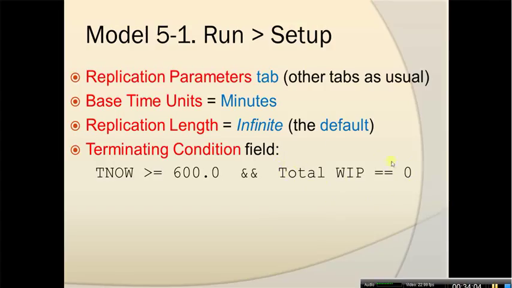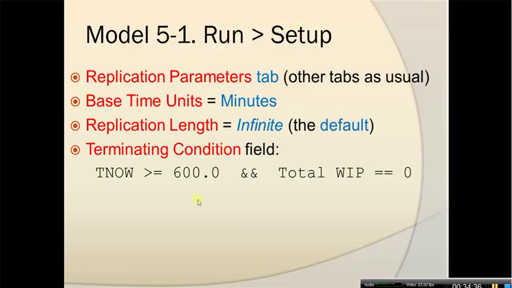So if we just kept the total work in process as 0, that wouldn't be a sufficient condition because we could accidentally shut the simulation down before 6 p.m. So we need to make sure that it's not shut down before 6 p.m., and 6 p.m. is 600 minutes in the simulation. So we need to make sure that the current time, which is represented by the Arena variable TNOW, exceeds the 600 minutes. So both of these conditions have to be satisfied at the same time.